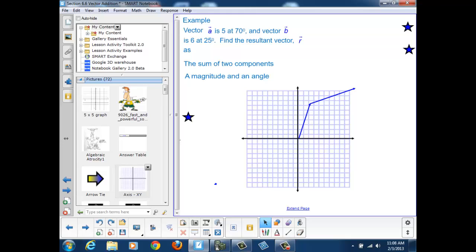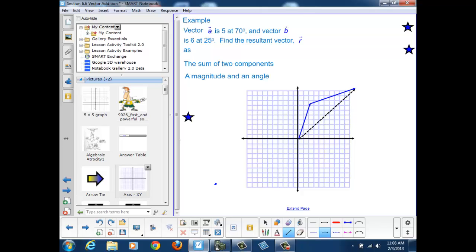So what we're going to do is find this resultant vector, but we're going to find it by breaking these two vectors down into their components and adding their components.